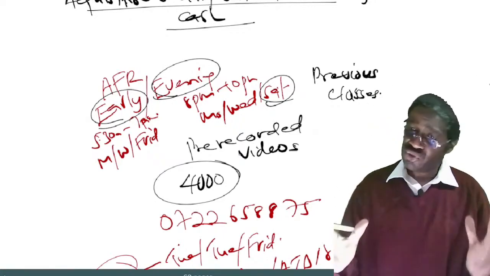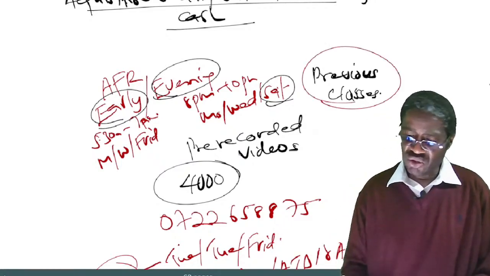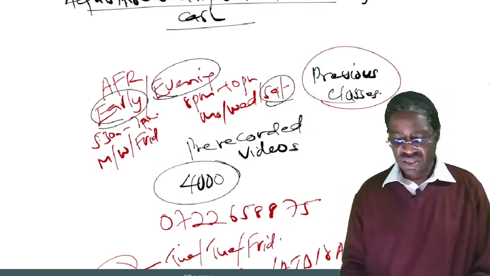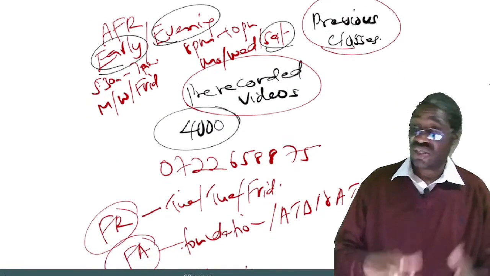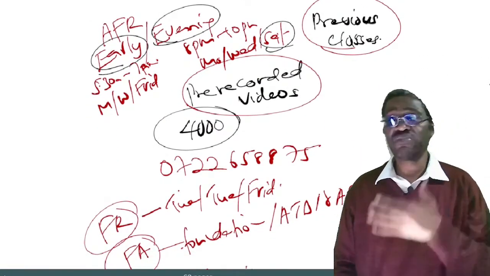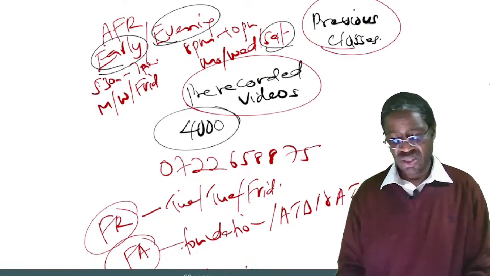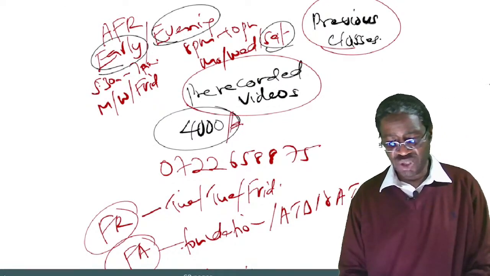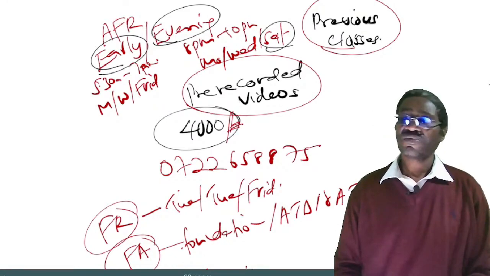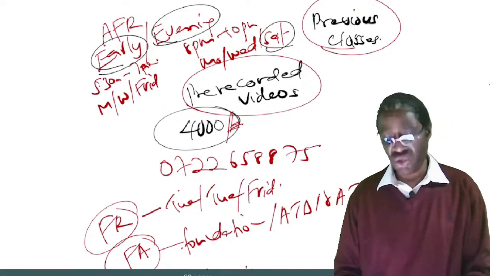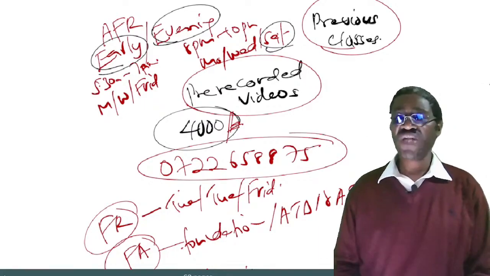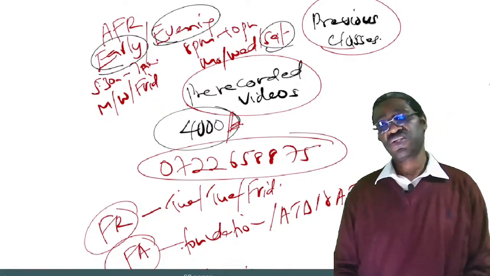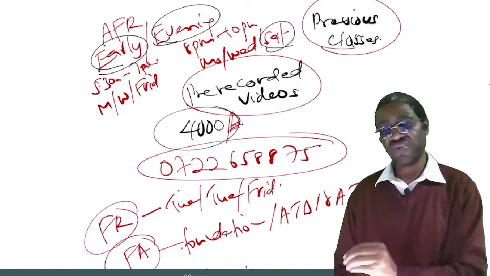Then I've also told you, we shall give you the videos of your previous classes. Then you can also buy what we are calling pre-recorded videos if you feel you want to listen to them at your own pace. Good. We are charging 4,000 shillings for the whole semester. We also accept payments in installments. Good. Then I've said, you can call me on that number, 0722 65 8875.